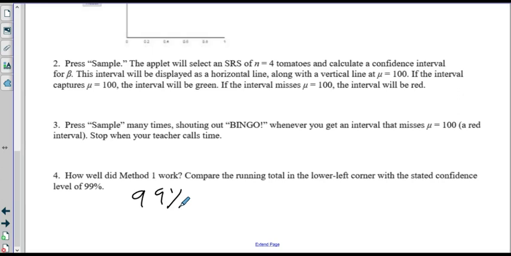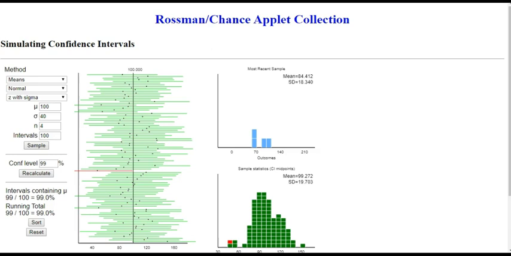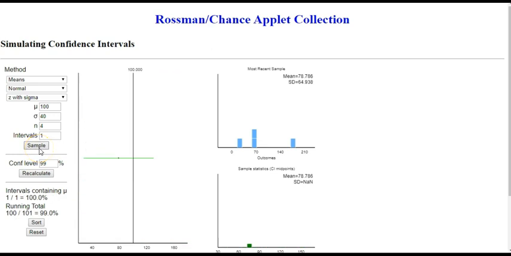But let's go back and say if we only did it one time, what would happen? So we're going to recalculate it. I'm going to change this to 1. Okay, so I'm going to start it there.